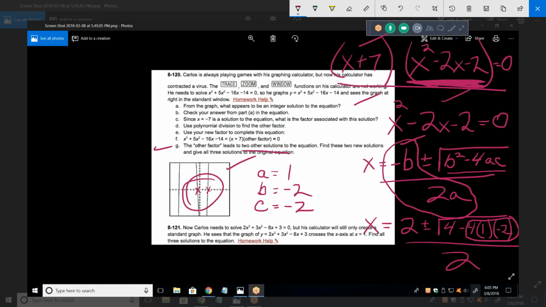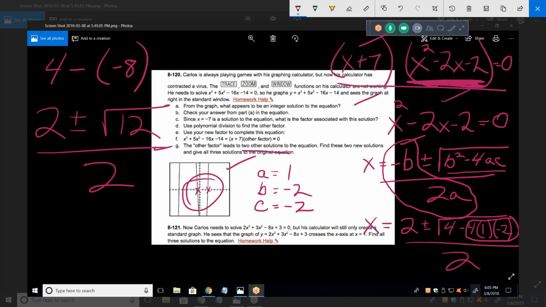Now you have 4 minus -8. Again, do not drop a negative sign. So my answer is 2 plus or minus square root of 12 all over 2. Now, can I simplify that? The square root of 12, can I simplify that?